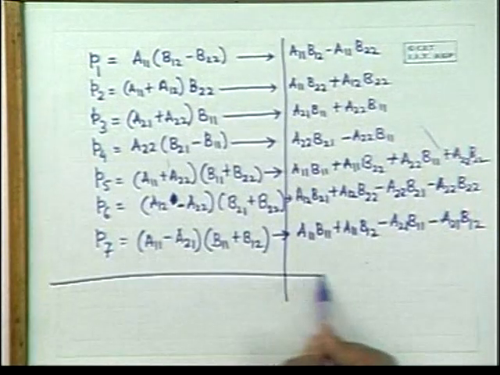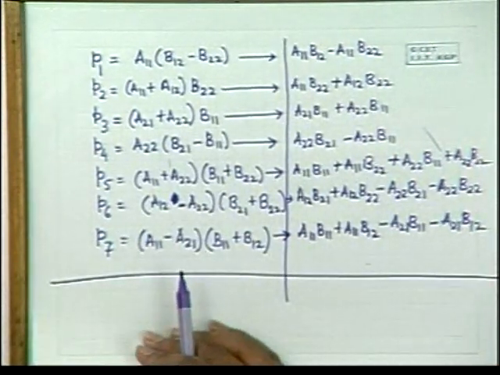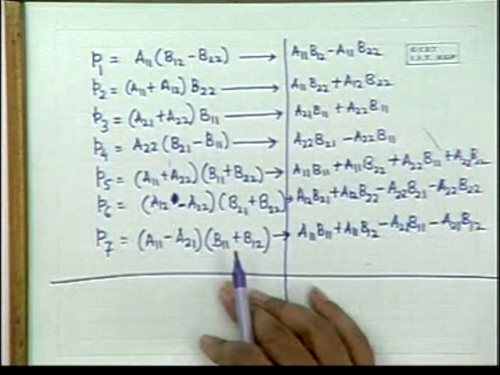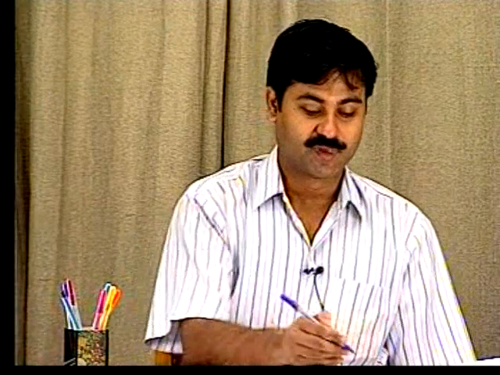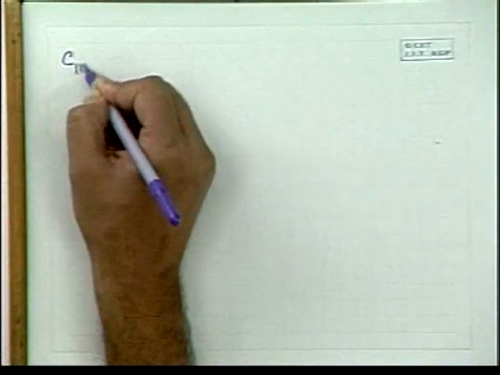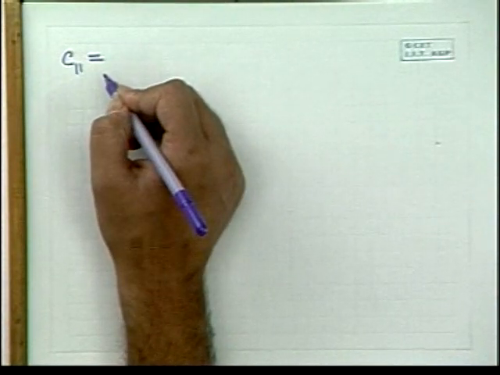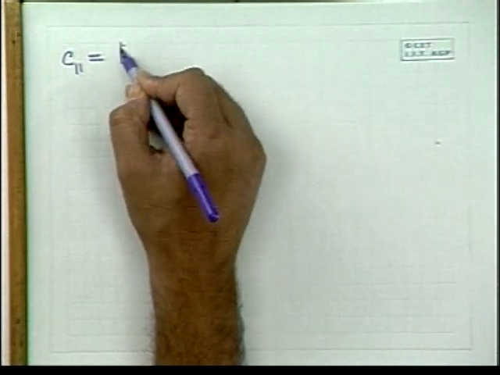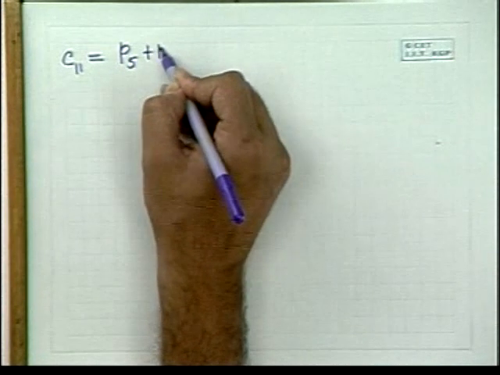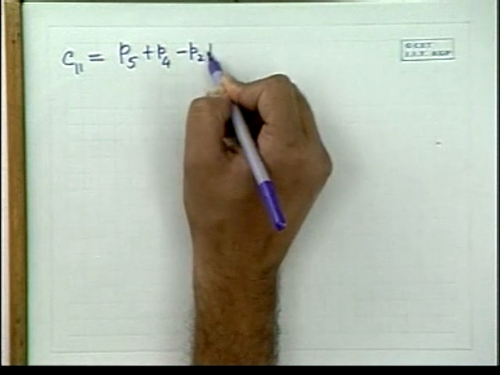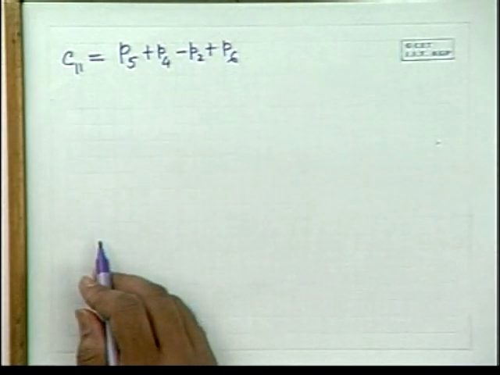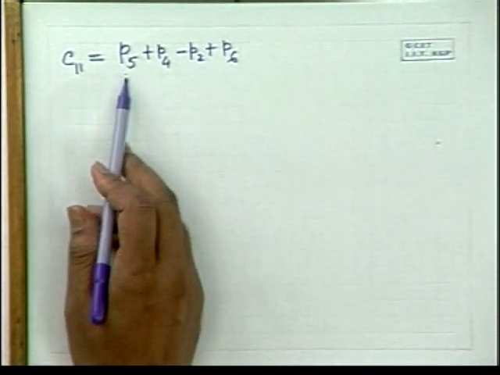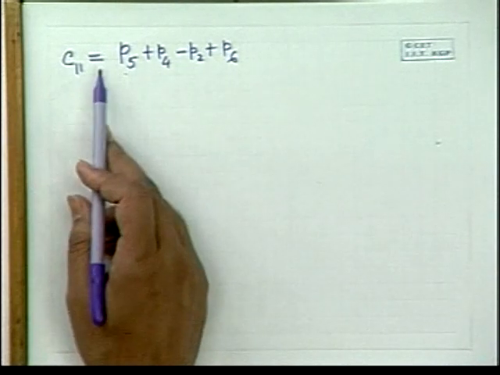After knowing this, I am going to write some other equations which you can again immediately verify from this. I am claiming that C11 can be obtained from P5 plus P4 minus P2 plus P6. You have to verify this. We know the values of P5, P4, P2, P6, and if you do this, you will get C11.